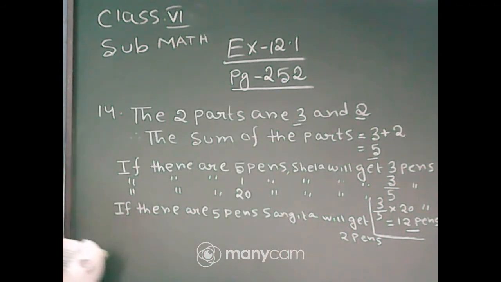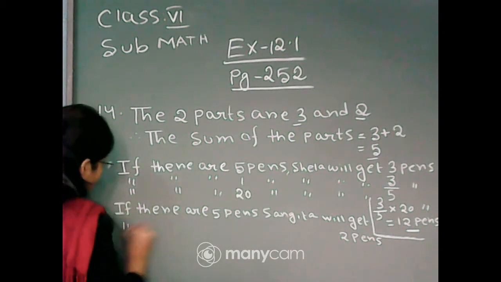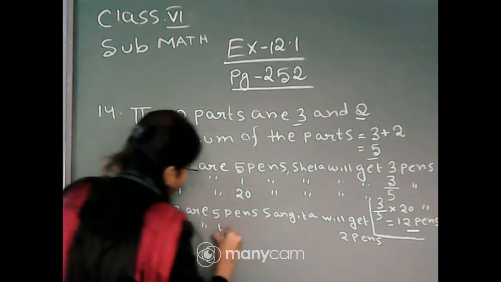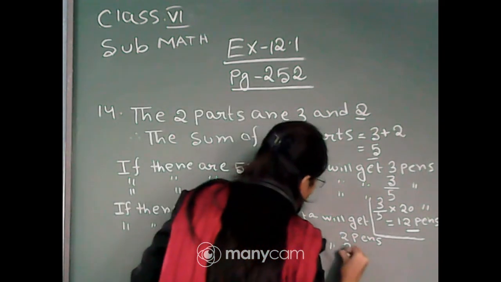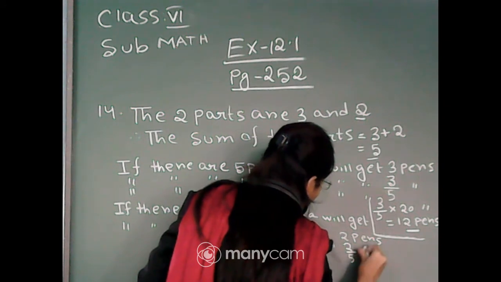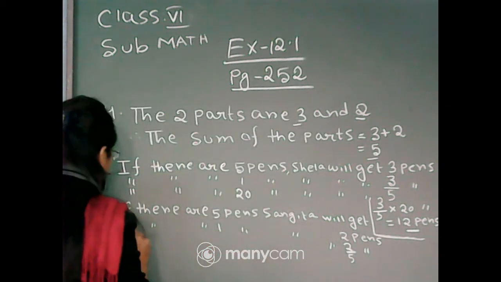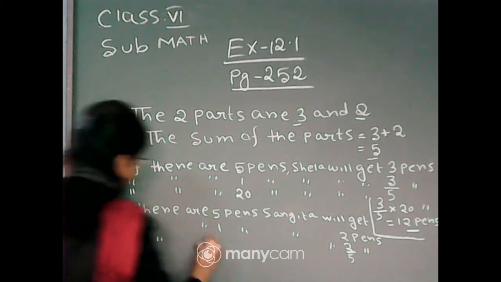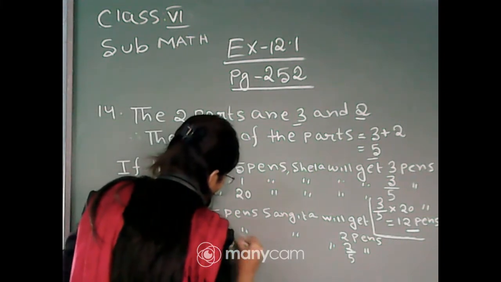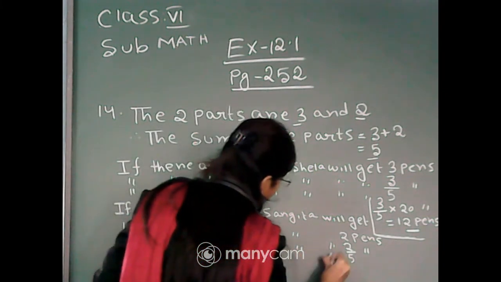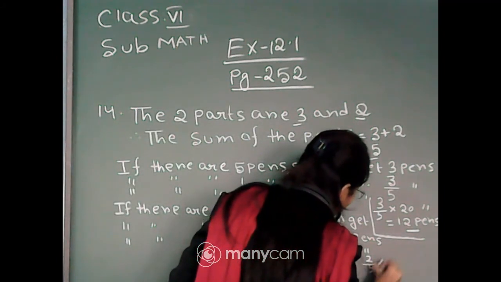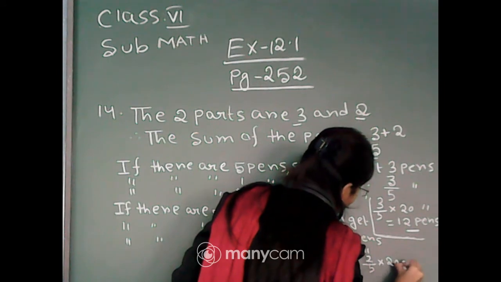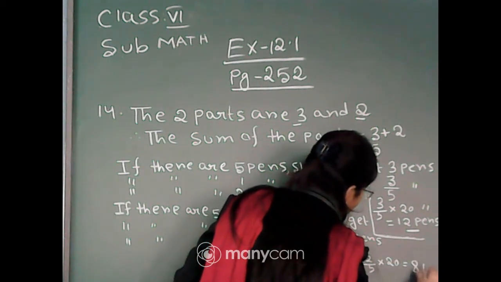So if there is 1 pence, Sangita will get 2 divided by 5 pence. We use the unitary method, and if there are 20 pence, then Sangita will get 2 divided by 5 into 20, that is 8 pence.